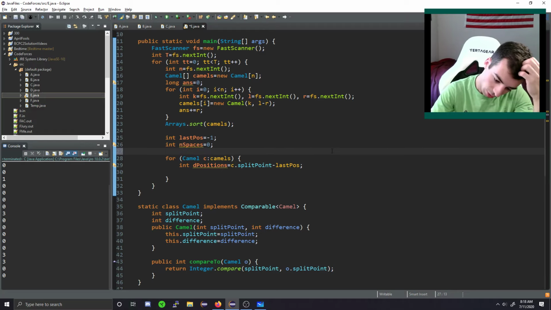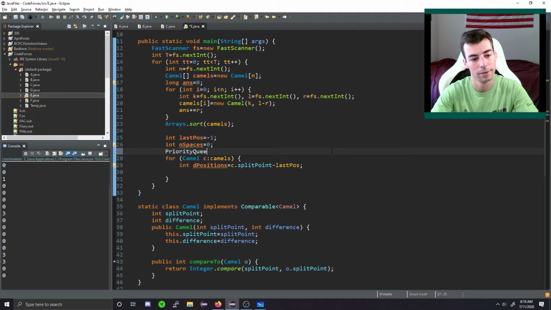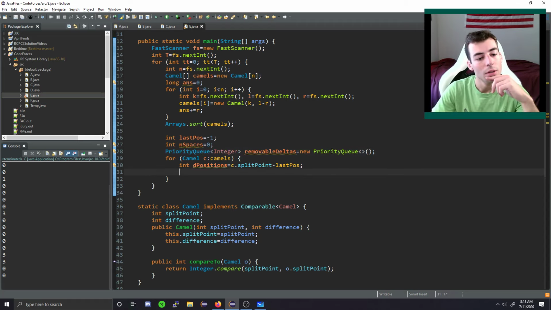We also need a priority queue of removable things. Okay, so now that seems fine.